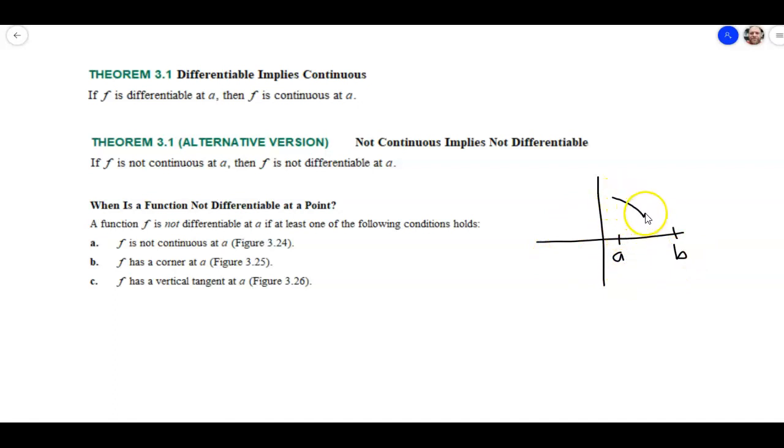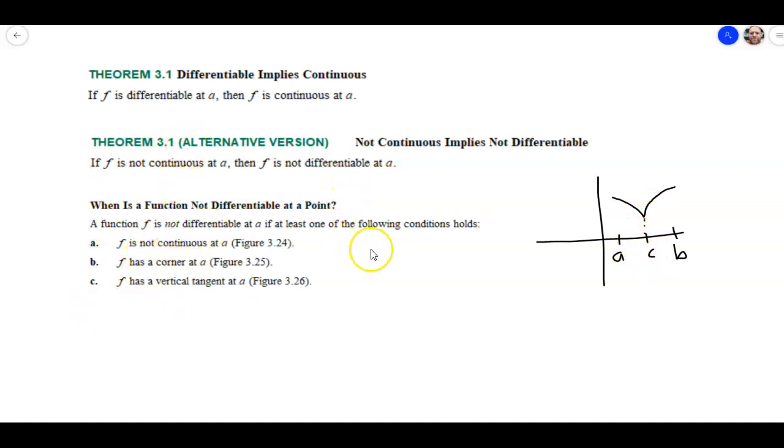You could do something like this, right? Because we still took our pencil without lifting it and went from A to B. However, at this point, we'll call that C, we are definitely not differentiable there because we can have an infinite number of tangent lines at that point. And in order for it to be differentiable, it has to be smooth, and we can only have one unique tangent line at that point.